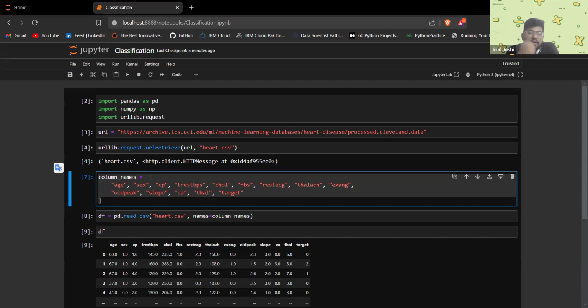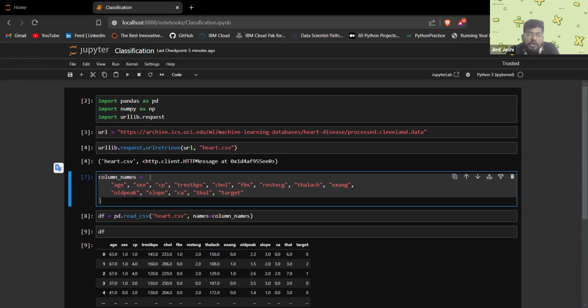Then we have something called exang. It's basically exercise-induced angina. It indicates whether the particular individual experiences any angina. Angina is nothing but chest pain during exercise or something like that. So angina during exercise can be a symptom of underlying heart disease. Okay.